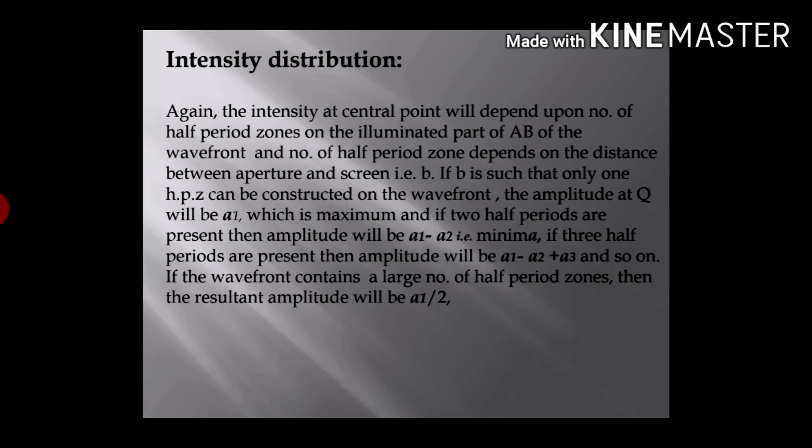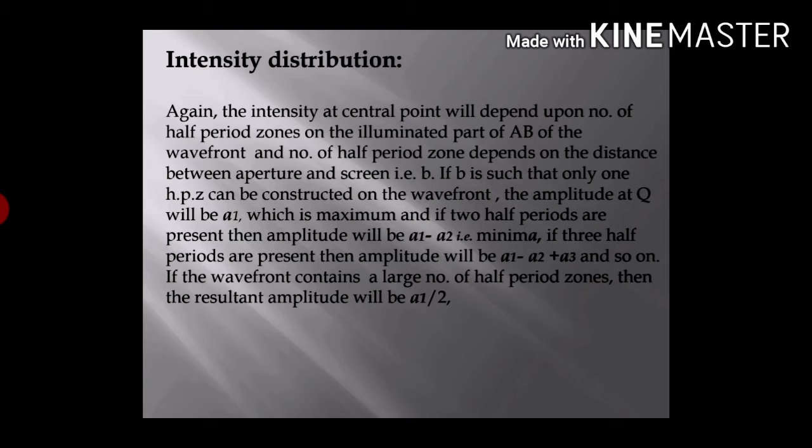In the first case, diffraction due to a rectangular slit, the distance between aperture and screen is fixed, and we have to vary the aperture width, slit width, wide, narrow, very narrow. In this case the aperture is fixed. We have to vary the distance between aperture and screen, and the number of half period zones depends upon that distance.